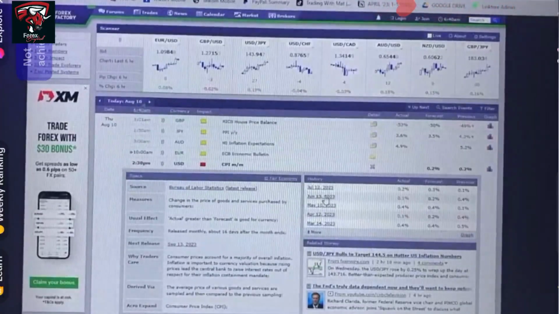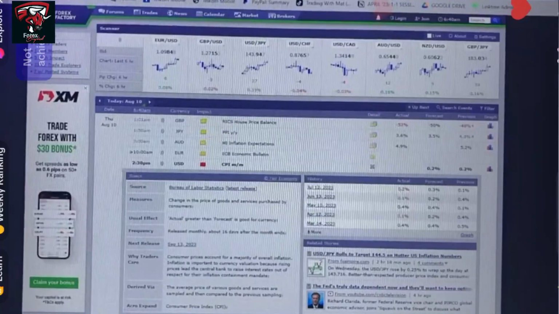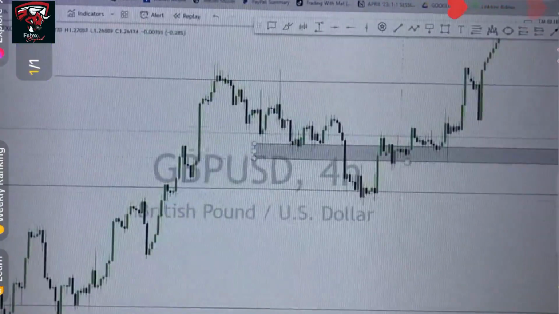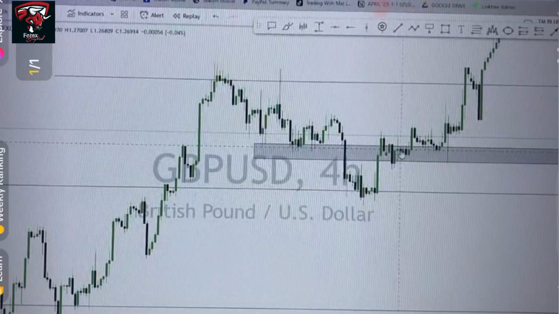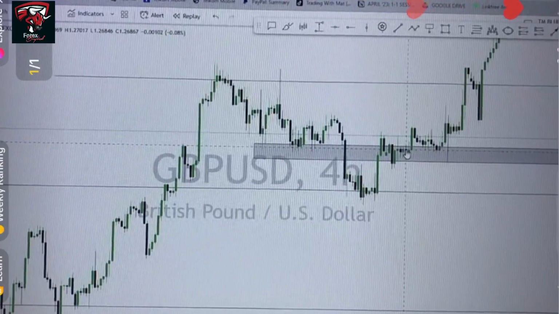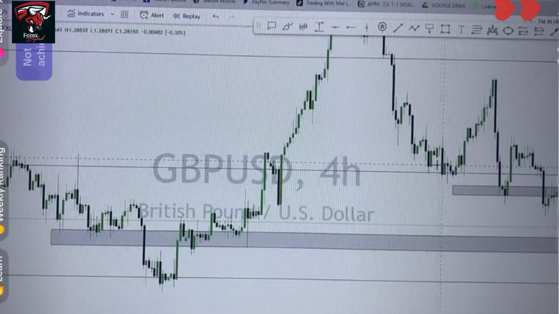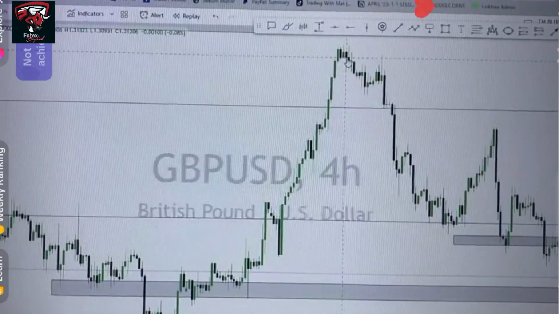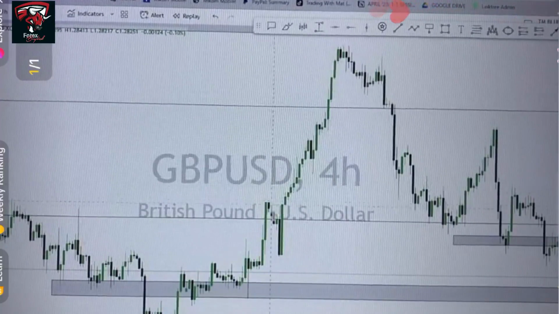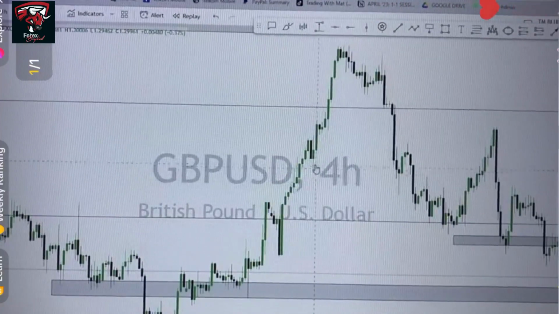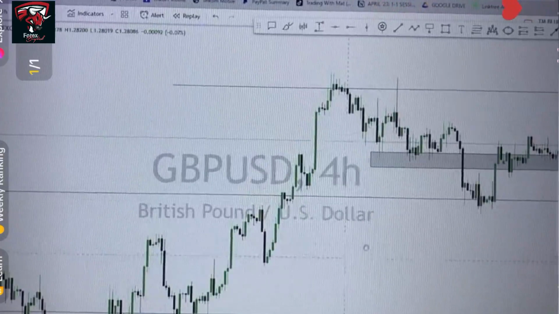So the first one was July 12. So I was right. This area here. No, this is too early. This is 24 July. July 12, no, that's not the one.